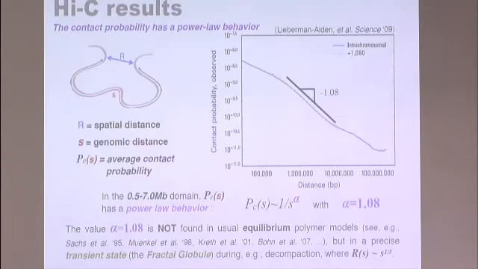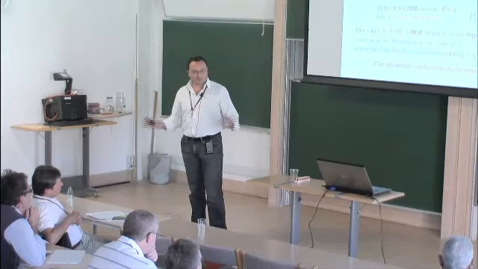And you also predict, for instance, as we've seen, power laws for the mean squared distance between two loci. This was also very exciting. And of course the question is, can we describe the variety of behaviors of chromatin with a single state, fractal globule or whatever?